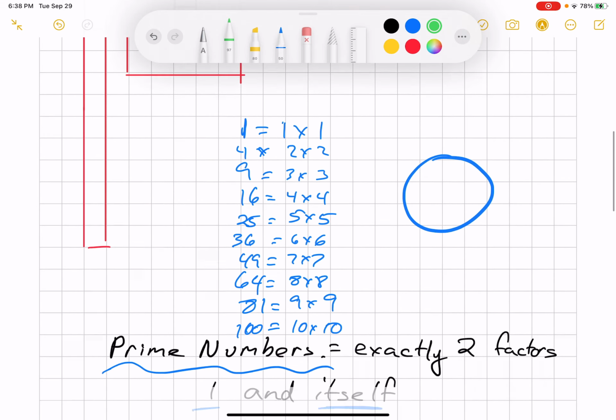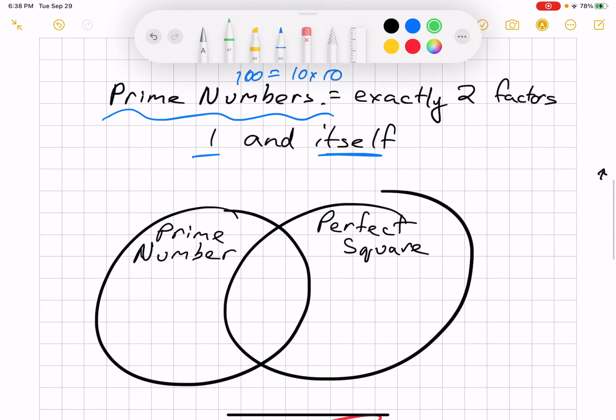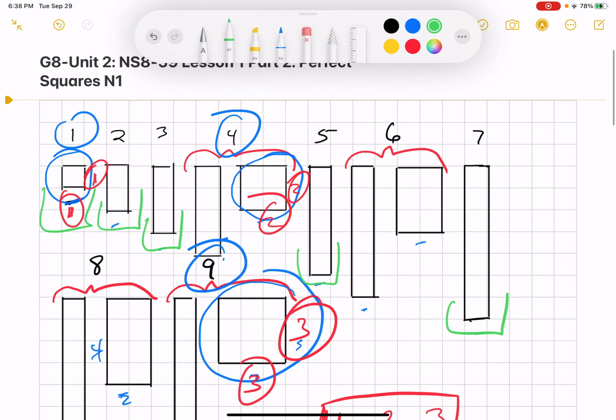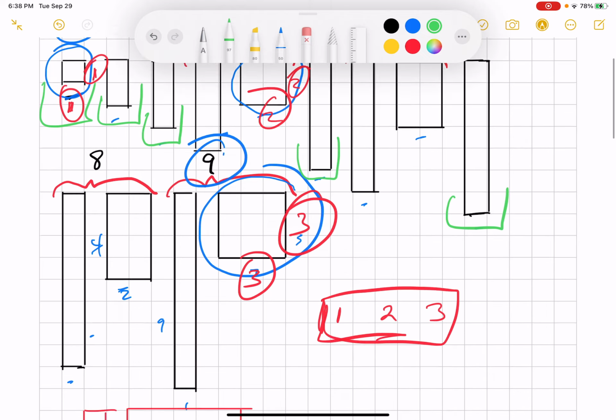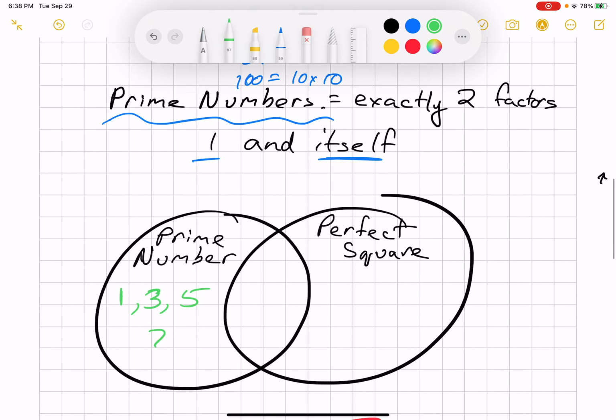All right, so in our little chart here, what are those prime numbers? They are 1, 3, 5, and 7, right? Now, let's have a look at all those perfect square numbers. So you have 1, 4, and 9, right? Now, do any of them overlap?